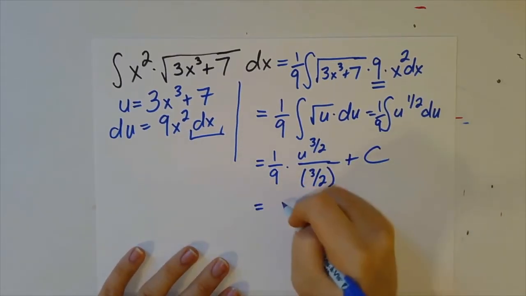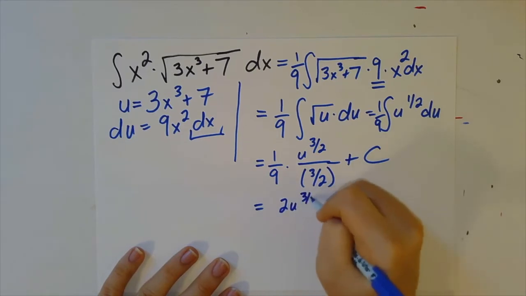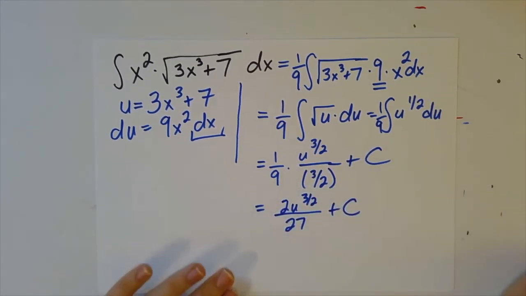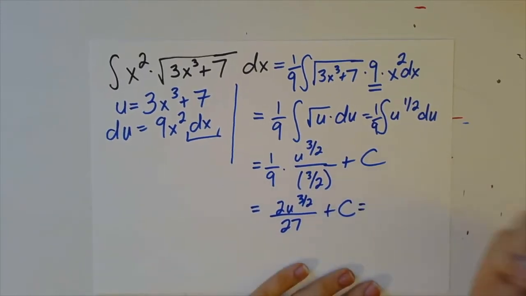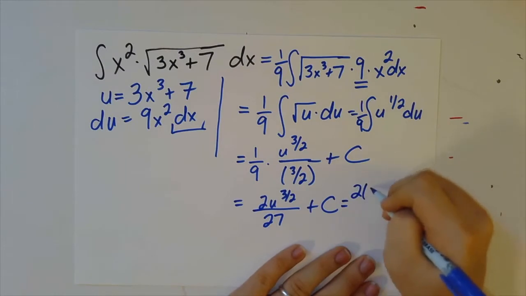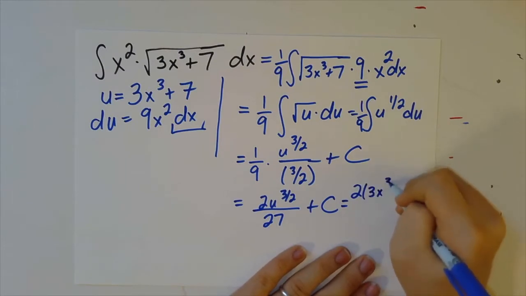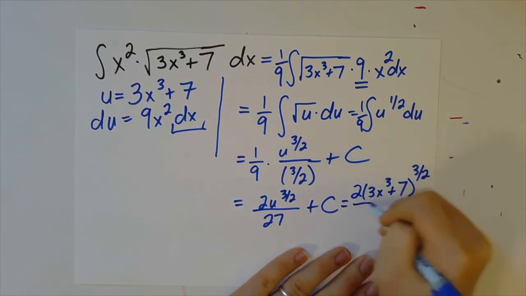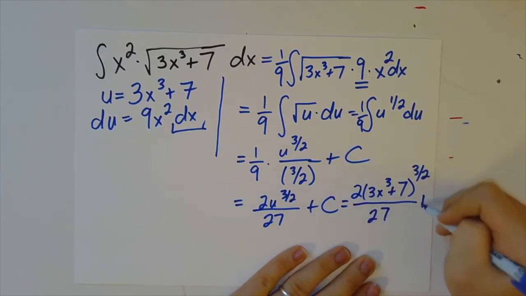And so this will be 2u to the 3/2 over 27 plus c. And so our answer here will be 2 times 3x cubed plus 7 to the 3/2 power, all over 27 plus c.